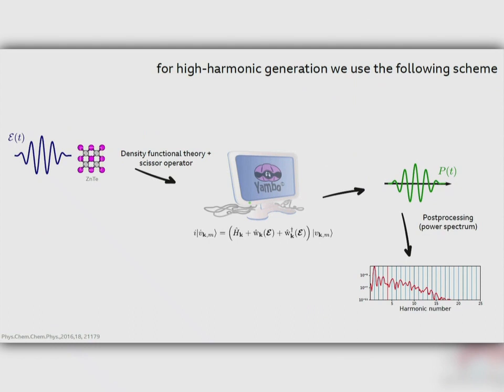Currently, we are studying zinc telluride. I'm sending a pulse of, I think, 5 or 6 cycles, solving the same equation of motion, and then I get the polarization or the current, and post-process it to get the power spectrum.